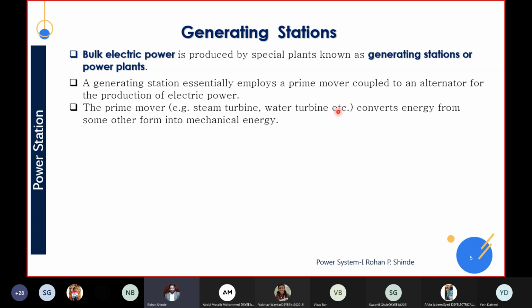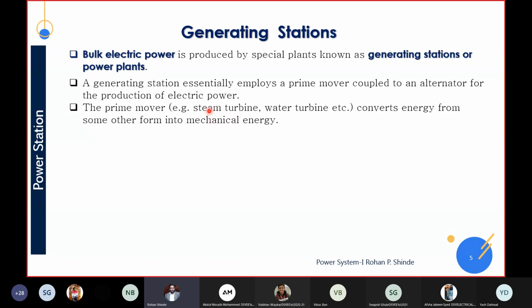so these two turbines convert energy into mechanical energy. Okay, see here, these turbines convert energy from some other form into mechanical energy. That means see here, first of all these turbines are there. Okay, now in this turbine the input is some other energy.